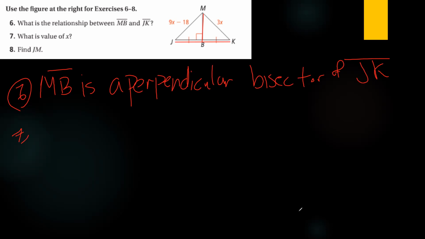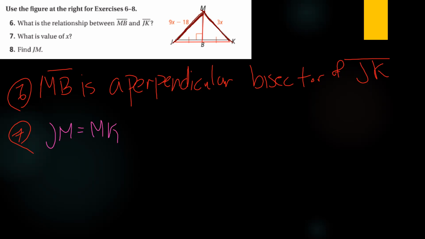So number 7 now. What is the value of x? Since MP is perpendicular, it cuts JK into 2 equal halves. So JM is equal to MK. Is it right? Yes.